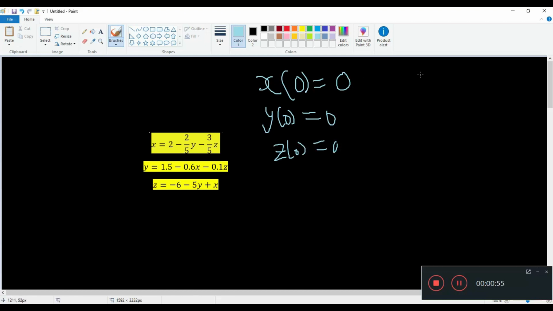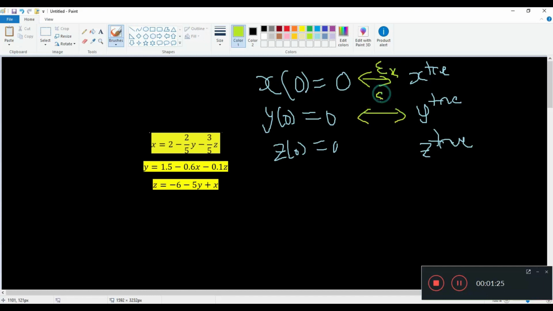Now obviously, between these and the true value of x, sorry, that should be y, the true value of y and the true value of z, there will obviously be some error. There's an error of x, this is the error of y, and this is the error of z.